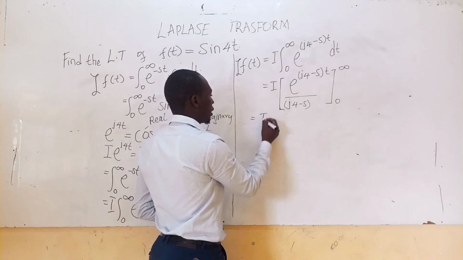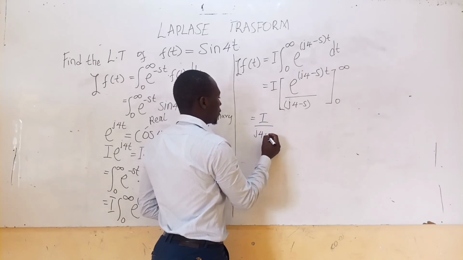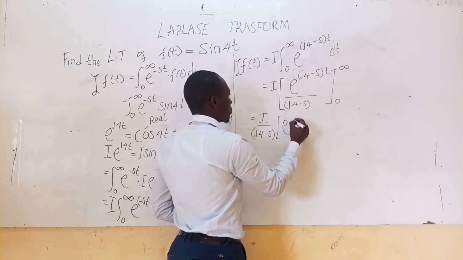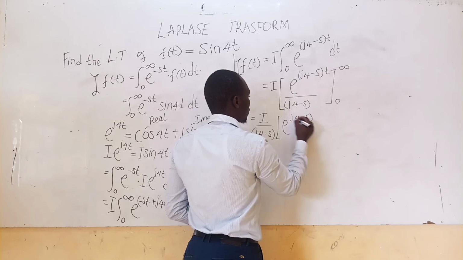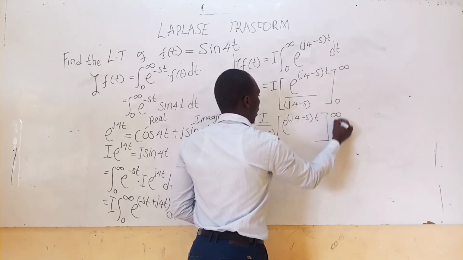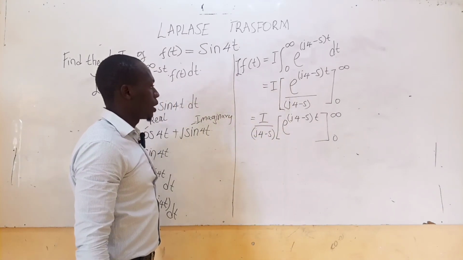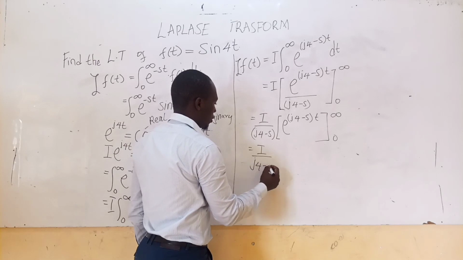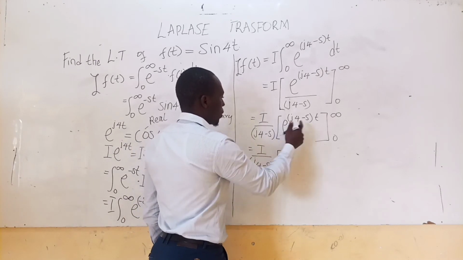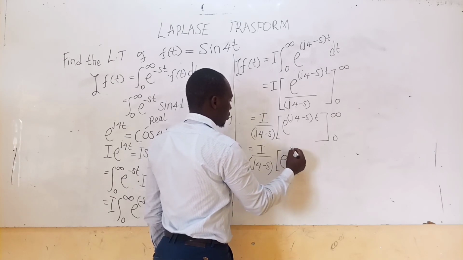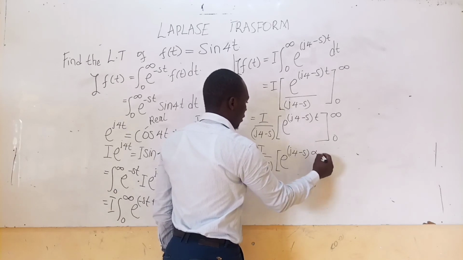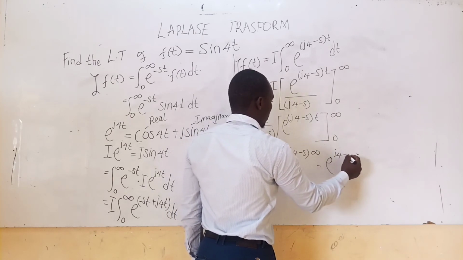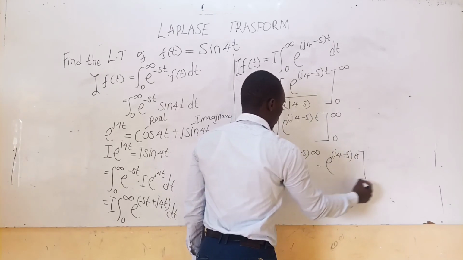By doing that, we have I over j a minus s, into exponential j a minus s t, with our integration with respect to our limits. Now let us insert our limits. We have exponential j a minus s to the power infinity, minus exponential j a minus s to the power 0.